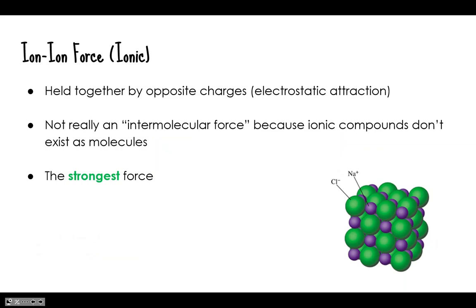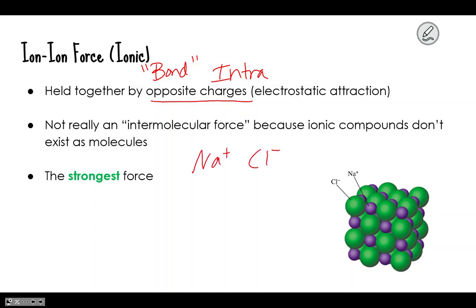Types of intermolecular forces. This one is not an intermolecular force, but I just want to remind you what an ionic bond is about. This is a full-out bond, ionic bonding. This would be considered intra. Held together by opposite charges, so you have full-out Na+, you have Cl-.